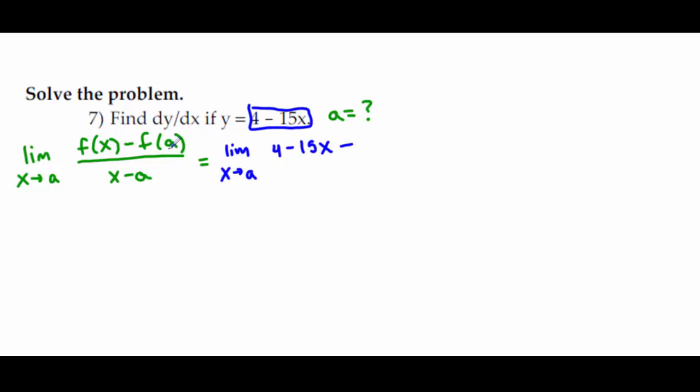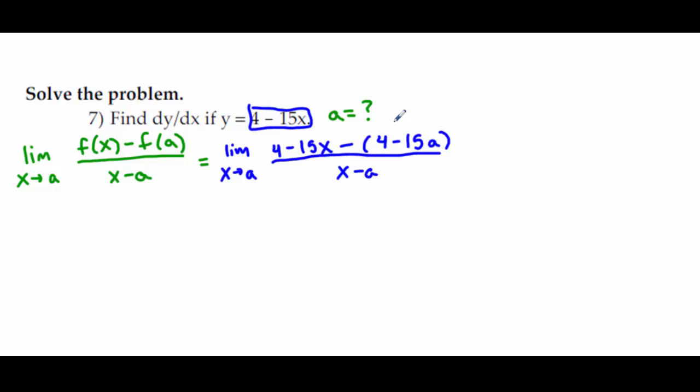Well, that means where x is, I need to put in a. And so I need to put parentheses around this because I'm subtracting this whole thing, and it's 4 minus 15a. So f of x is 4 minus 15x. F of a is 4 minus 15a. It's all over x minus a.